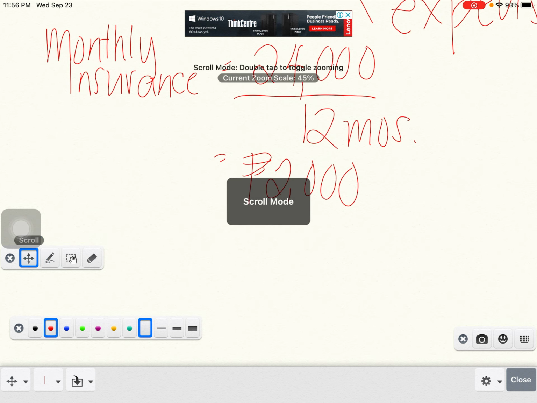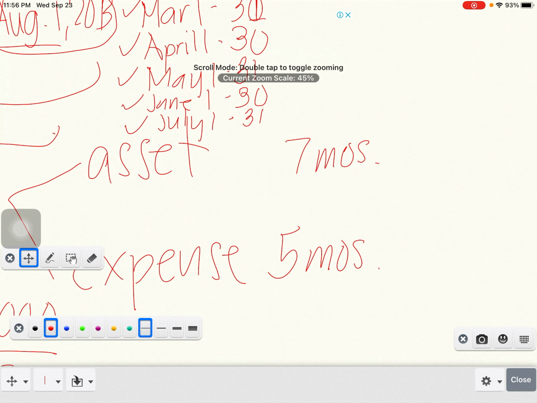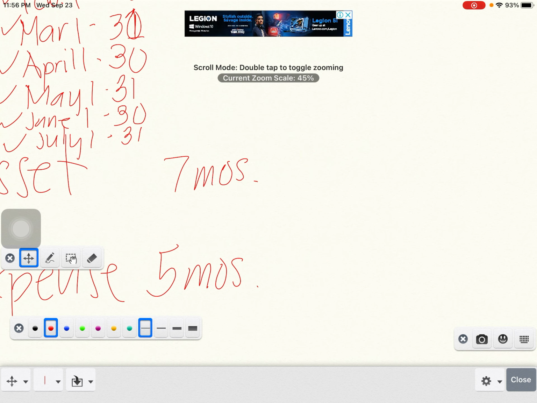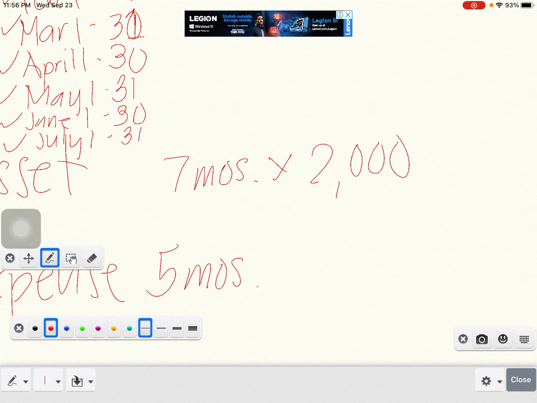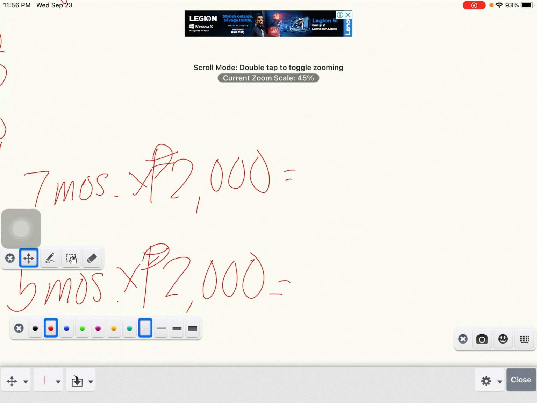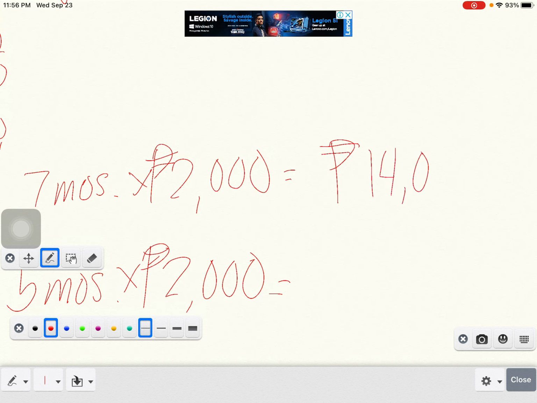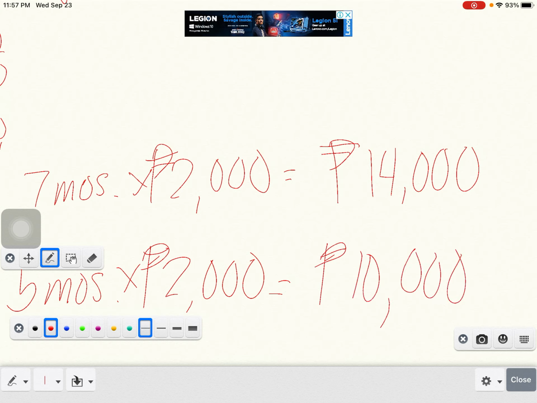How much will be the asset portion? 7 months times the monthly 2,000. And 5 months times 2,000 pesos. So 7 times 2, that is a total of 14,000 for your asset. While 5 months times 2, that is 10,000.